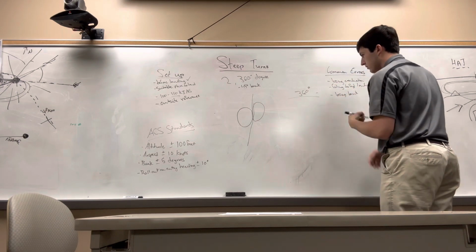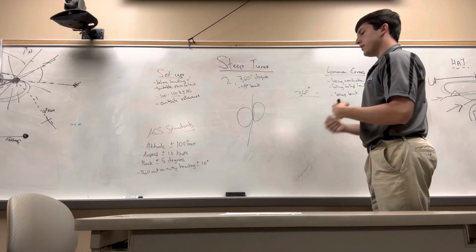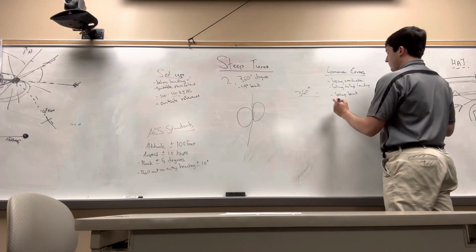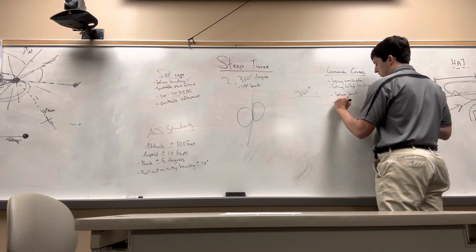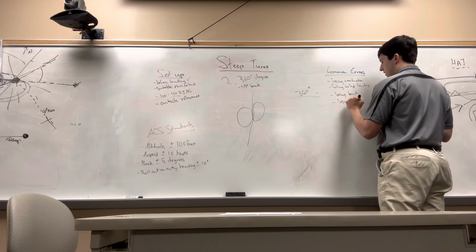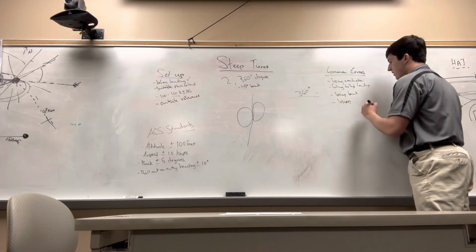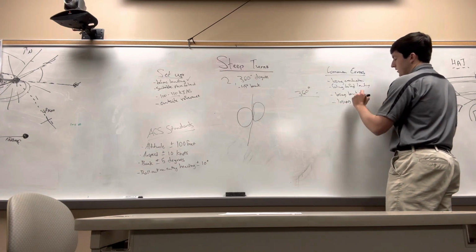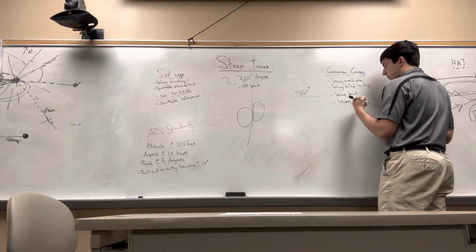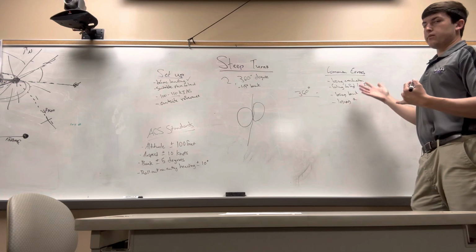It could be losing too much altitude because you didn't pitch up. And if you lose that altitude and don't add in power to compensate for that, you lose too much airspeed. So losing too much airspeed could also be another error with this maneuver.